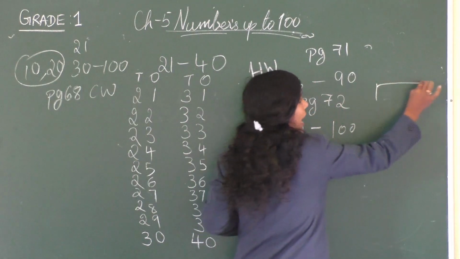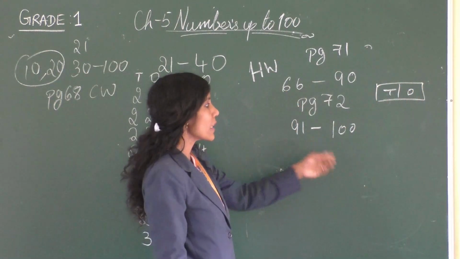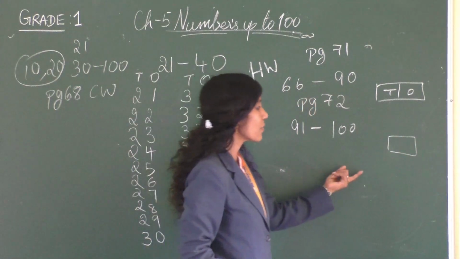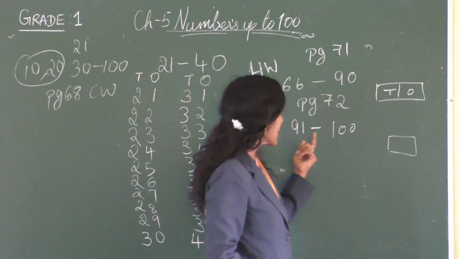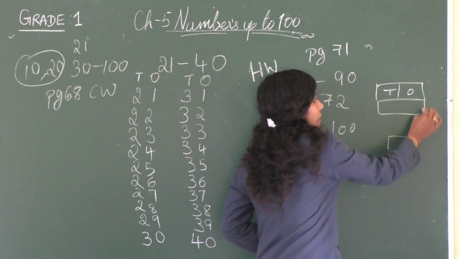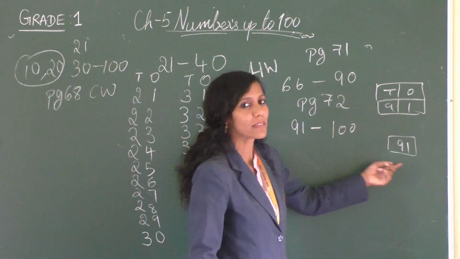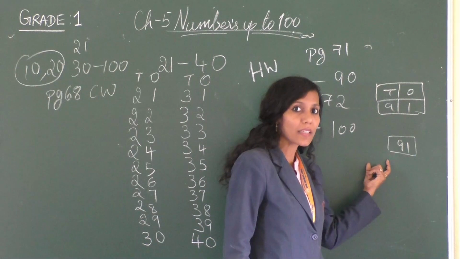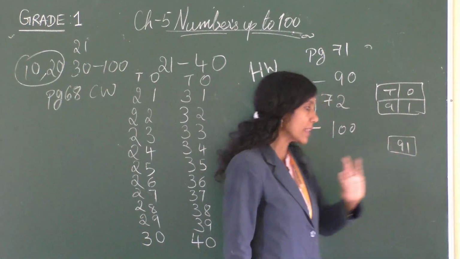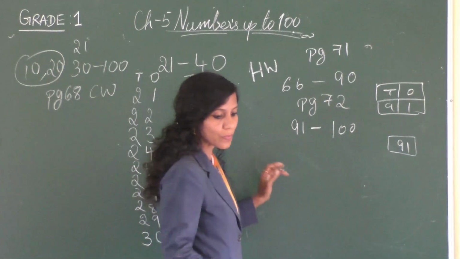Under tens and ones, the number is given. You write this number together with the name. If it is 91, you write 9 and 1 together, plus the name N-I-N-E-T-Y, O-N-E, 91. That's it, till 100. That's all you have to do.